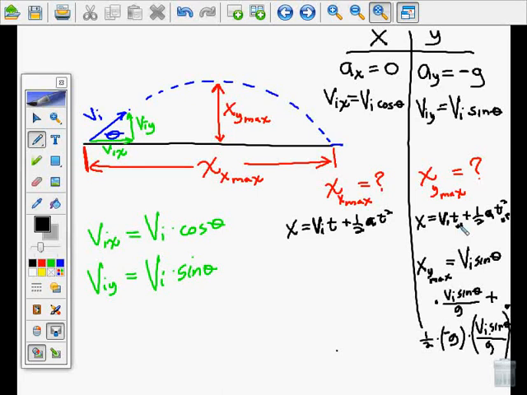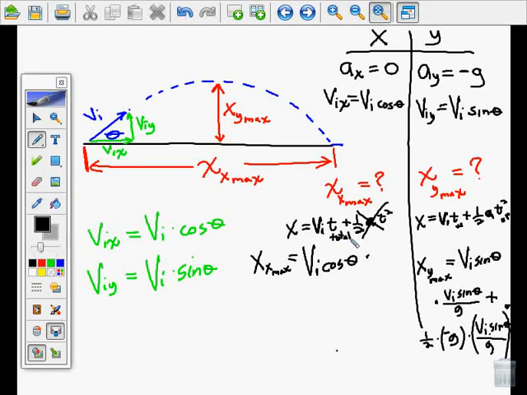But when you go to figure out the x max over here, of course, the acceleration in the x direction is 0. You have vi in the x direction, which is just vi cosine theta, times, but now you're going to use the total time, t total.